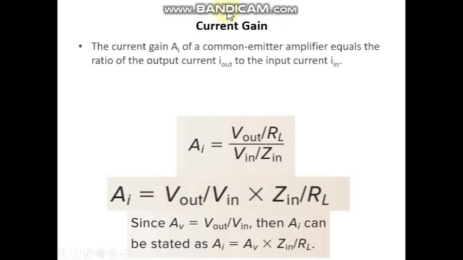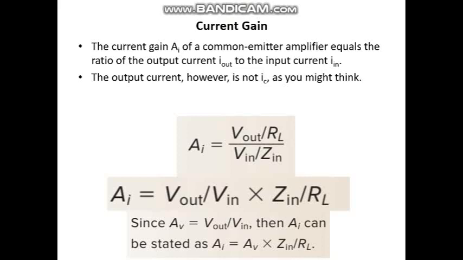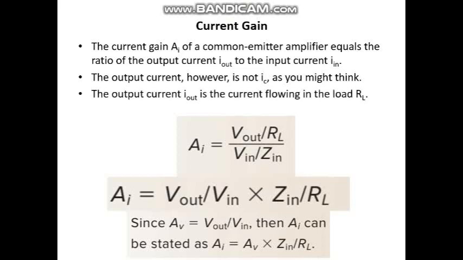Current gain. The current gain AI of a common emitter amplifier equals the ratio of output current upon the input current. The output current is not IC as you might think. The output current I out is the current flowing in the load resistance RL. So that is our output current. So our output current is V out upon RL and input current is V input upon Z input.